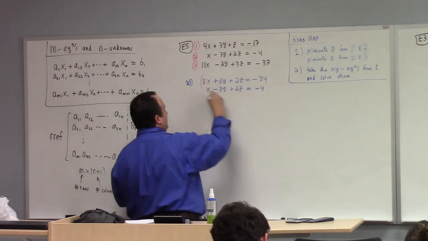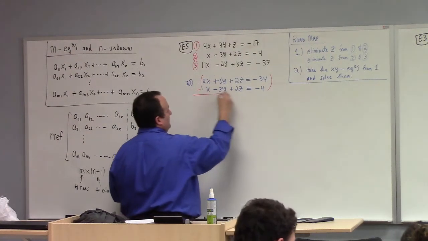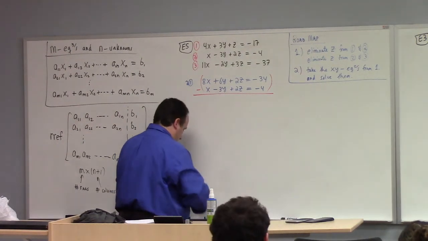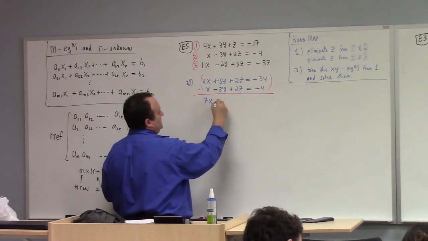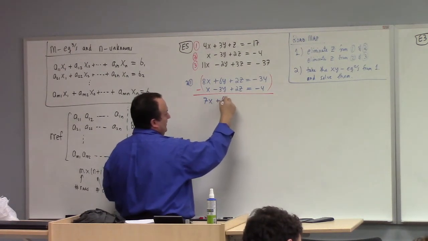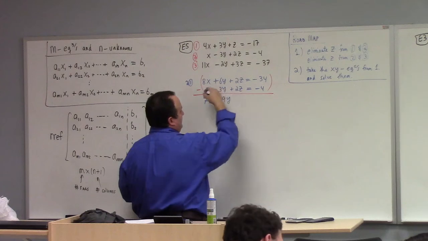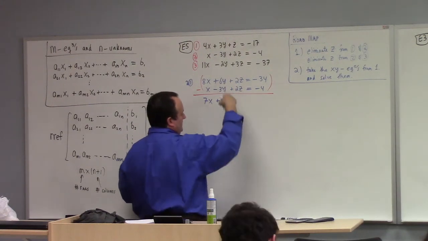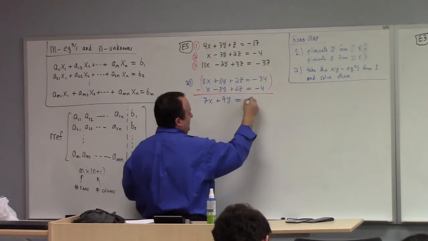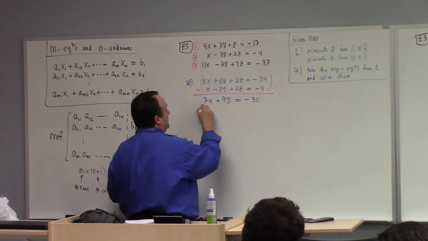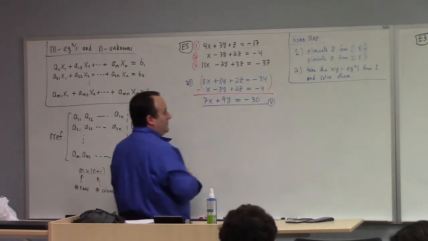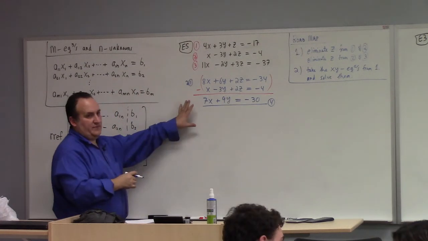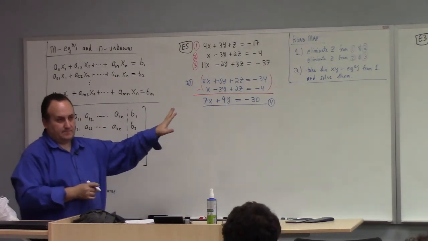We subtract, the z's cancel. And you get yourself 7x plus 9y. Minus a minus is plus 9y, the 2z's cancel, and you've got yourself a minus 30. Now this needs a name. Let us call it equation 4. Right? Save it for later. We'll come back to it, okay?